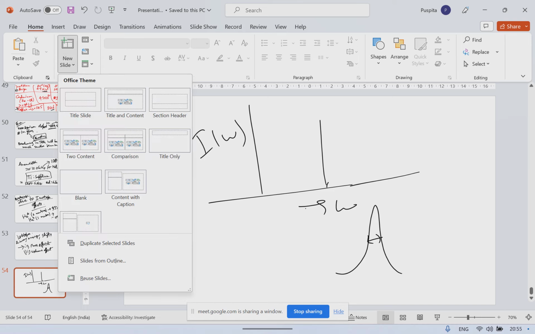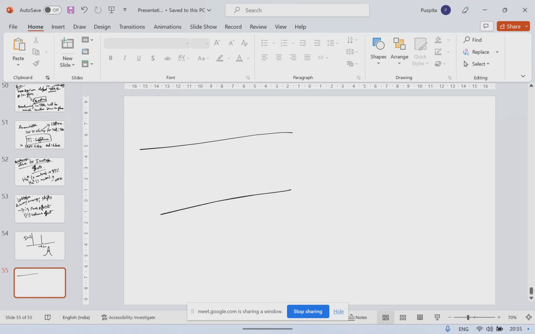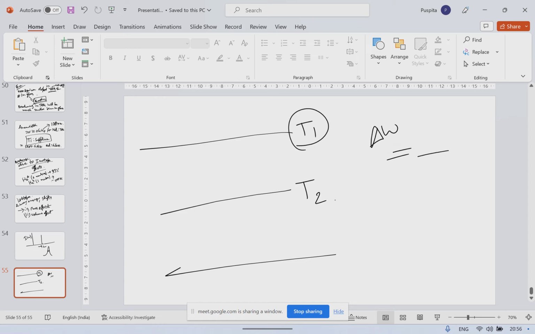Also, for some reason the relaxation time varies. Let us say this is T1, this is T2, and in a three-level system the relaxation time T1 varies. When T1 varies, delta omega changes. The lower part always has a time factor.